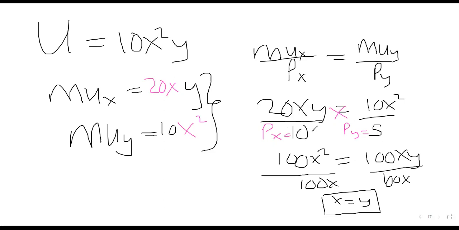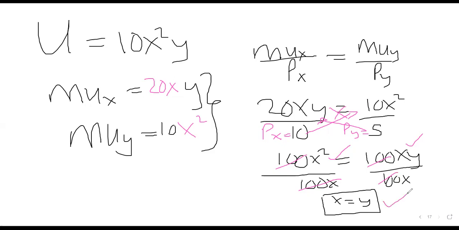So we cross multiply. 20xy times 5 gives us 100xy, and our 10x2 times 10 gives us 100x2. And then we divide by 100x because that's the common factor. So when we cancel them out, we remain with x on this side and y on the other side. So x is equal to y, I think. Excellent. Is that clear? Yes. All right.